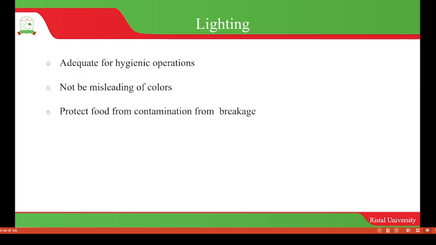So always we should make sure that the lighting is not misleading of colors, and should be bright. Then, the lighting should be the one which protects food from contamination or from breakage.